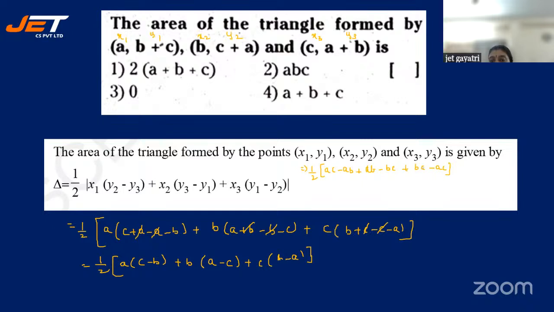Okay. So you have plus AB, minus AB, minus AC, plus AC, plus BC, minus BC. Okay, so you have half into 0, which is 0. That is why your option 3 is the correct answer.